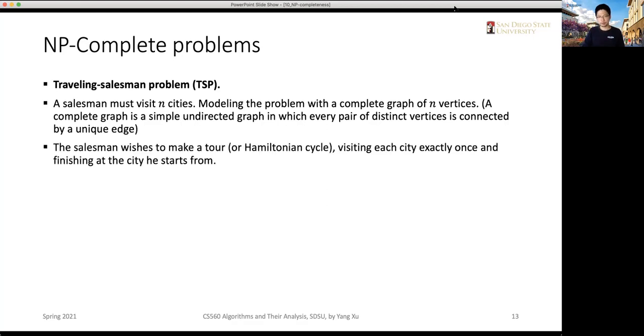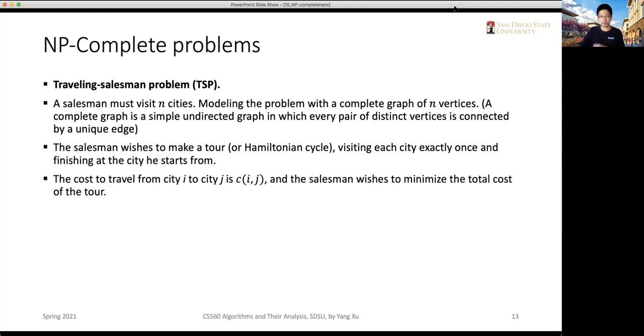So the salesman wants to make a tour, or a Hamilton cycle, to visit each city exactly once and finish at the city he starts from. All right, so it's just like the Hamilton cycle problem that we talked a little bit about, right?